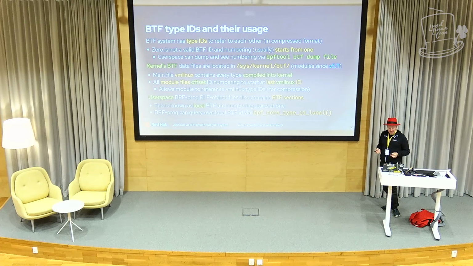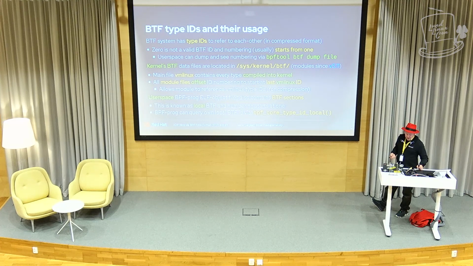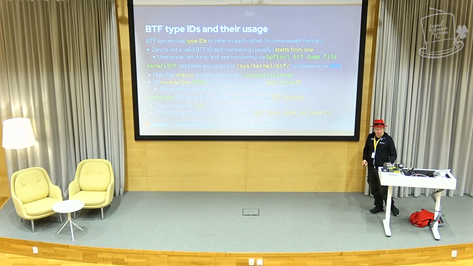That's one way we use the BTF sections in the ELF file of BPF programs, but we can also have local BTF information, and that also starts counting at 1. I'm going to use a trick where, before, we had an example where this was the kernel, and now this is local. I can also ask for my own ID at runtime.